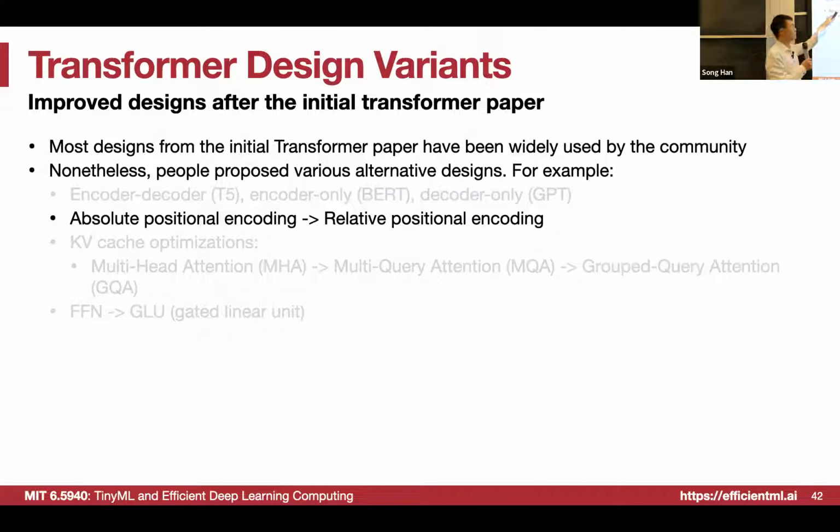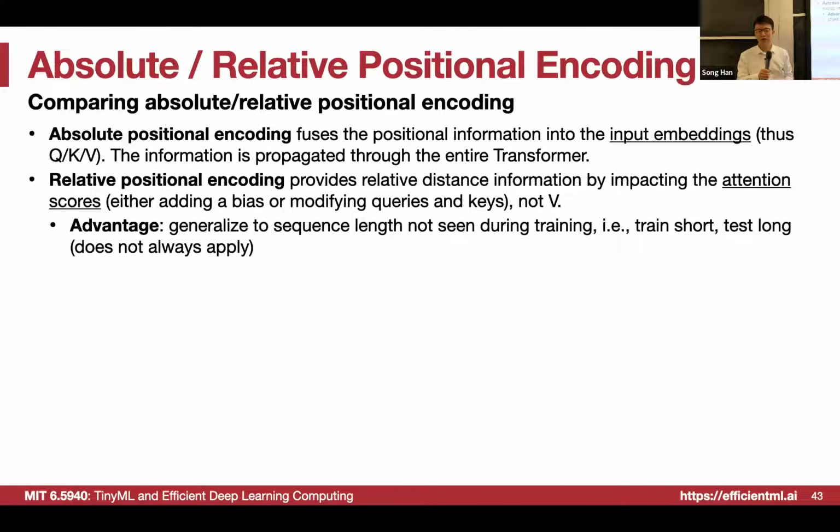The next item we are going to cover is the absolute positional encoding versus relative positional encoding. Some of you already hinted at this. Why do we need absolute encoding added to the word embedding? Do we have alternatives? The answer is yes. Absolute positional encoding fuses the positional information into the input embeddings, including Q, K, and V, and the information is then propagated through the entire transformer.